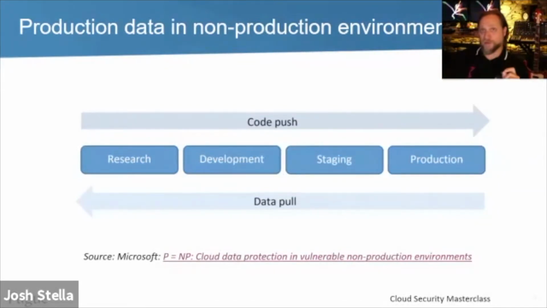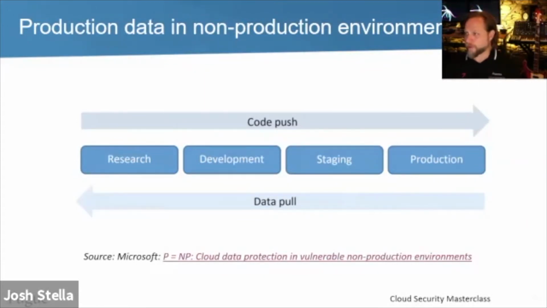The code, the application code, flows pretty much to the right, okay? And terminates in production. However, as you're building things, as you're building application code, very often data is being pulled from the right to the left. And there are very good reasons for this, very good reasons.